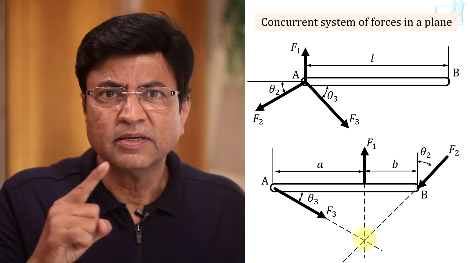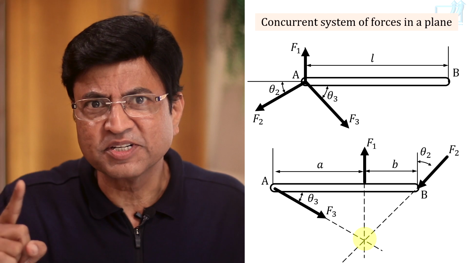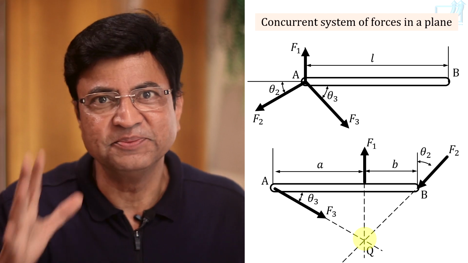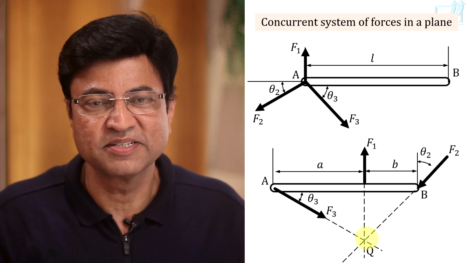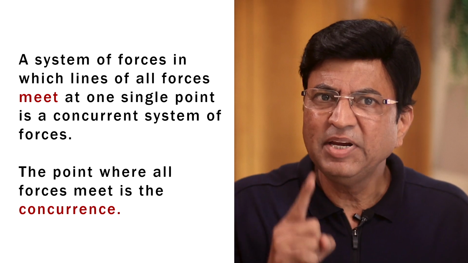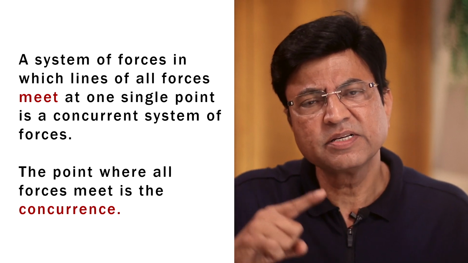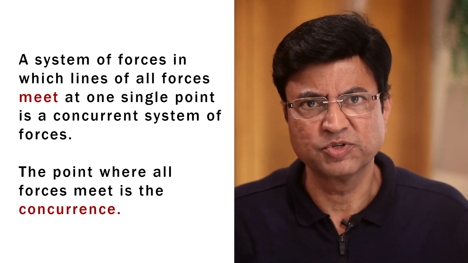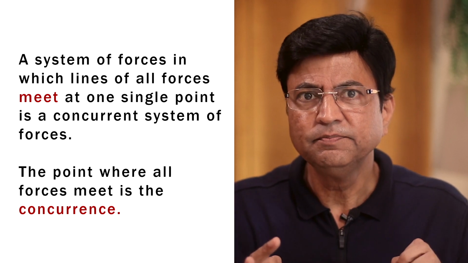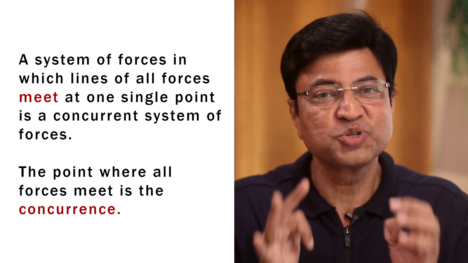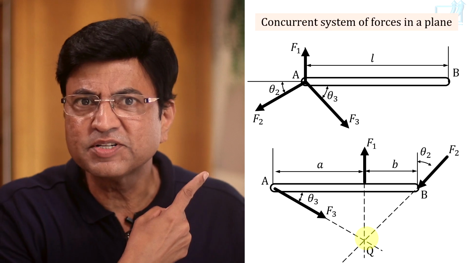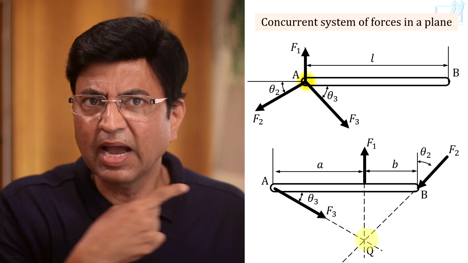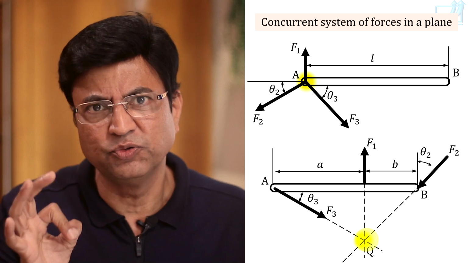So here, lines of all the three forces pass through point Q. So this is also an example of a concurrent system of forces. A system of forces in which lines of all forces meet at one single point is a concurrent system of forces. And the point where all forces meet is the concurrence. In that first diagram, point A is the concurrence, and in the other diagram, point Q is the concurrence.